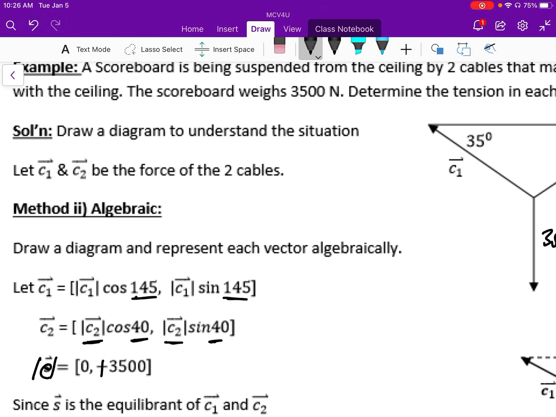So the equilibriant is equal to the C1 plus the C2. So we have to add the components. By looking at it like this, we can add them vertically, right? C1, magnitude of C1 times the cos of 145 degrees plus the magnitude of C2 times cos of 40 is equal to 0.